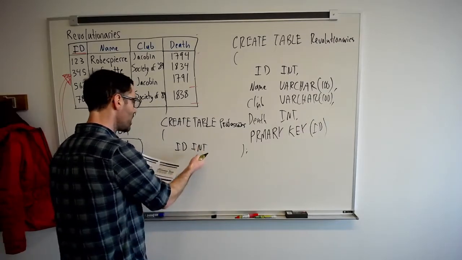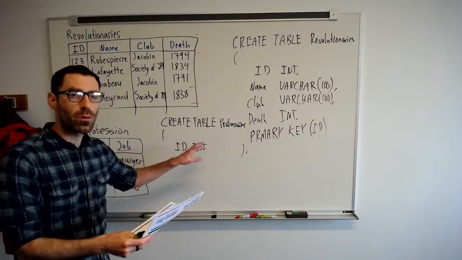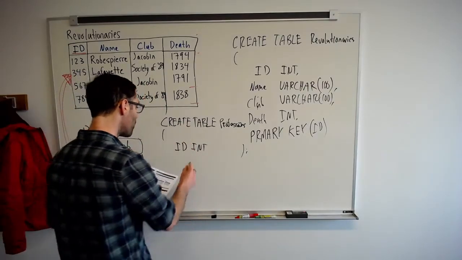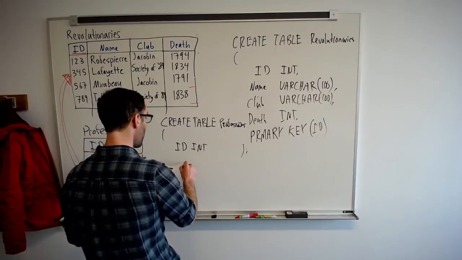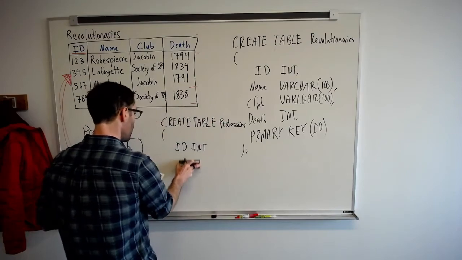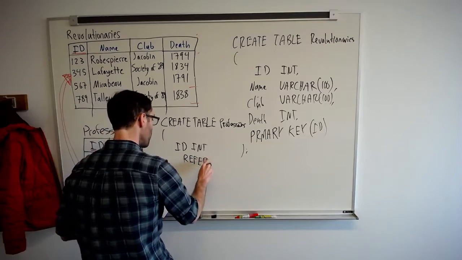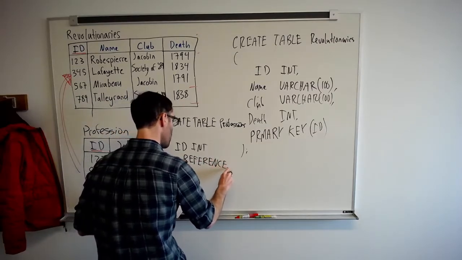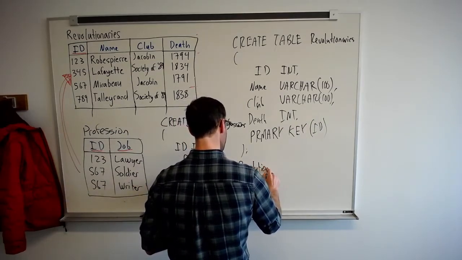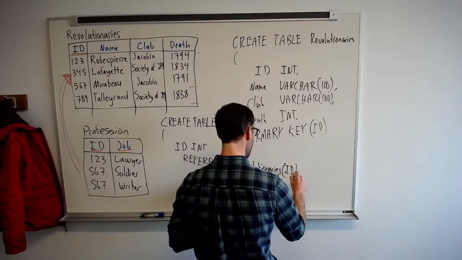and this ID, we want to tell the database that this refers to the primary key in another table. And so to do this, we would say that ID references the revolutionaries table, and in particular it references the ID attribute there.